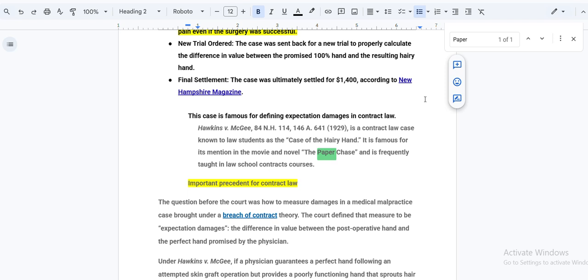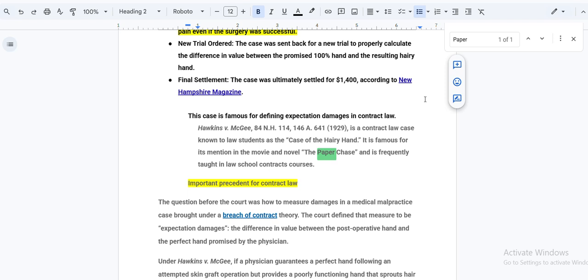So, this case is important because it discusses a breach of contract. It talks about the medical field. What happened was, this child had an accident.